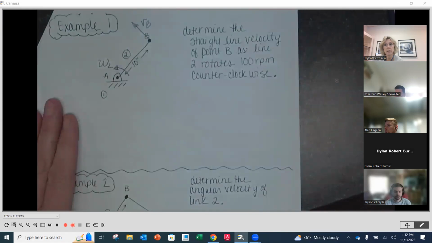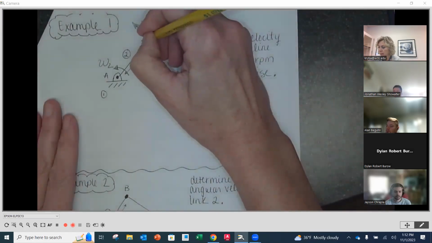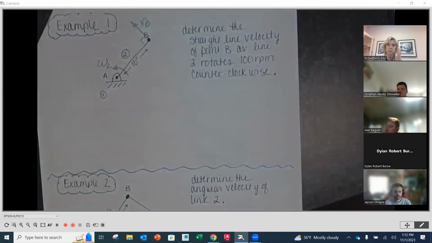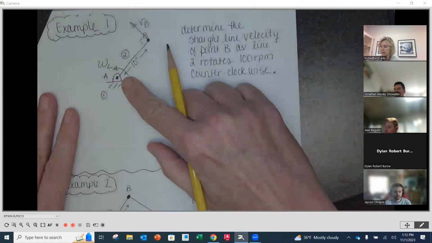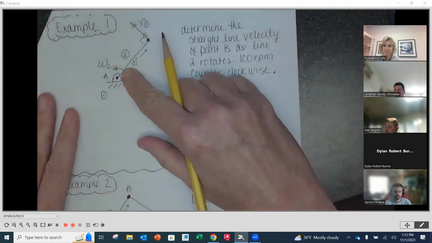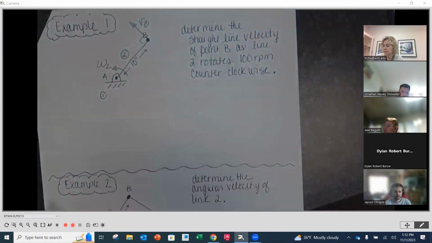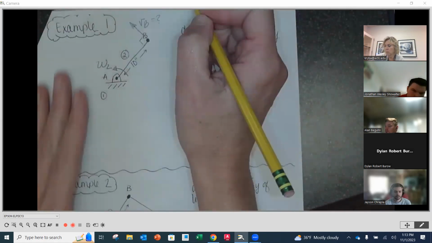Velocity of B, you want to label it, and it needs to be perpendicular to its radius, or the line back to the center of rotation. Here's that line back to the center of rotation. This is the number that we want to determine.